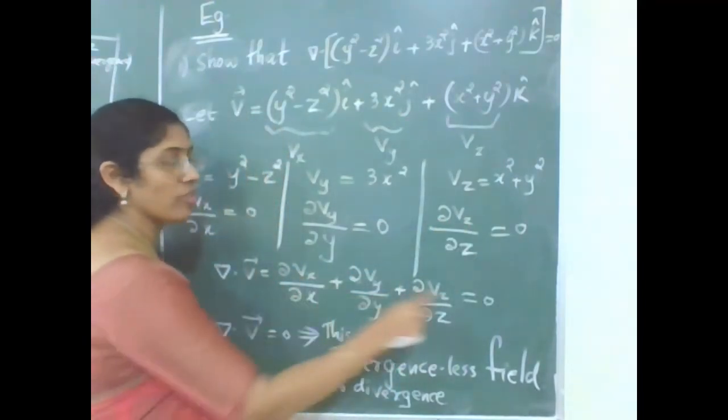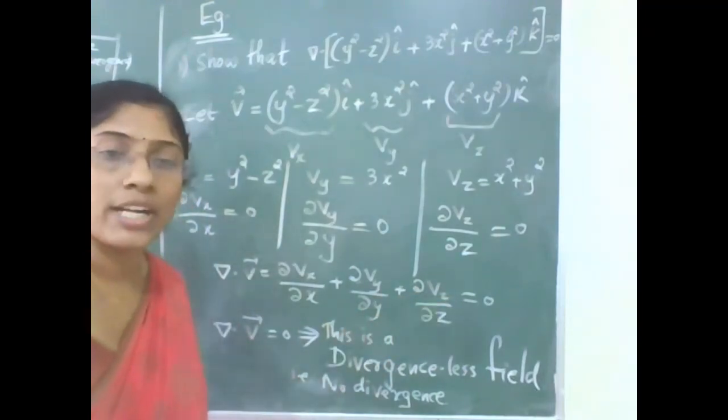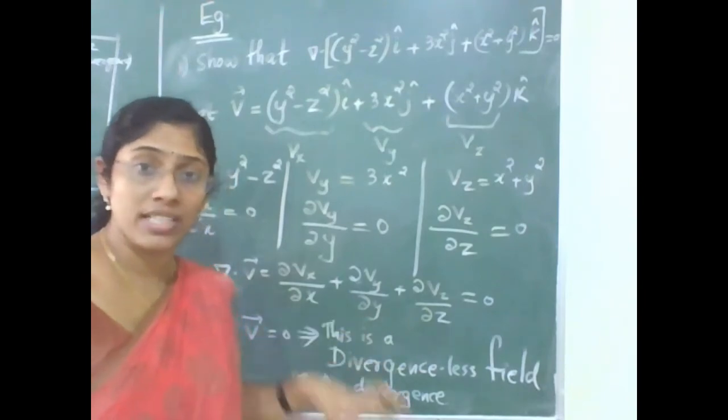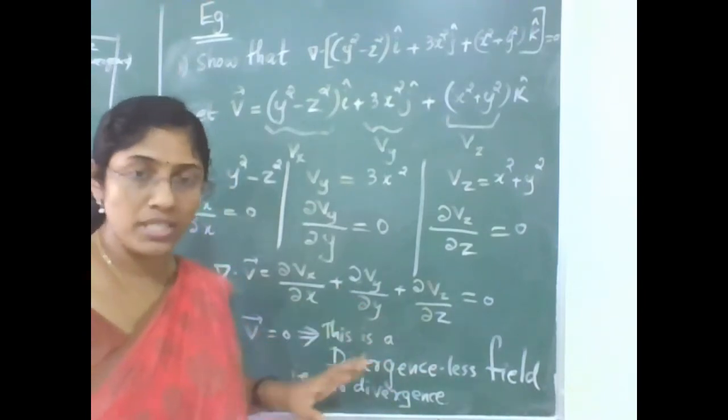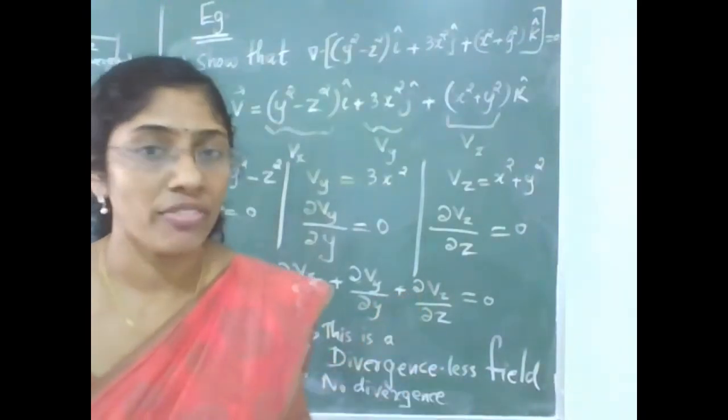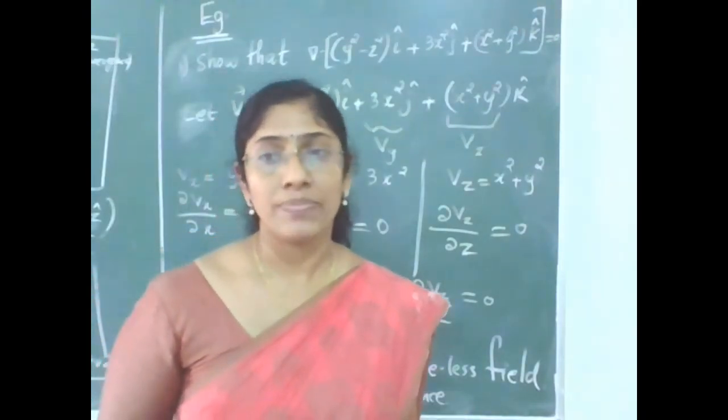So we can say that del dot V is equal to 0. Del dot V equal to 0 means that this field is a divergence-less field, that means a field of no divergence. So this is an example of a divergence-less field.